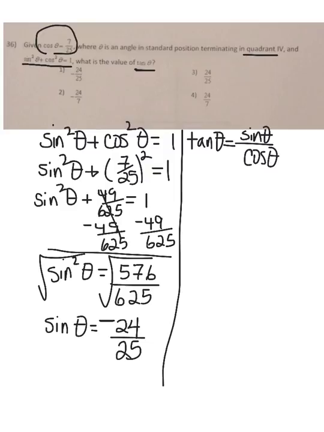So I'm going to replace, I do know what the sine value is, so I'm going to have tangent theta is equal to my sine value, which I know is negative 24 over 25, and my cosine value, which they gave me to be 7 over 25.